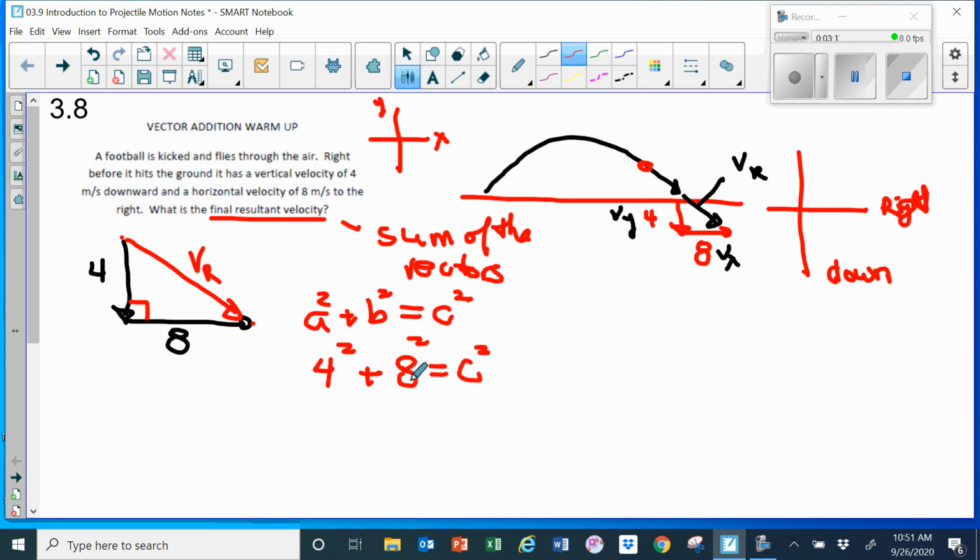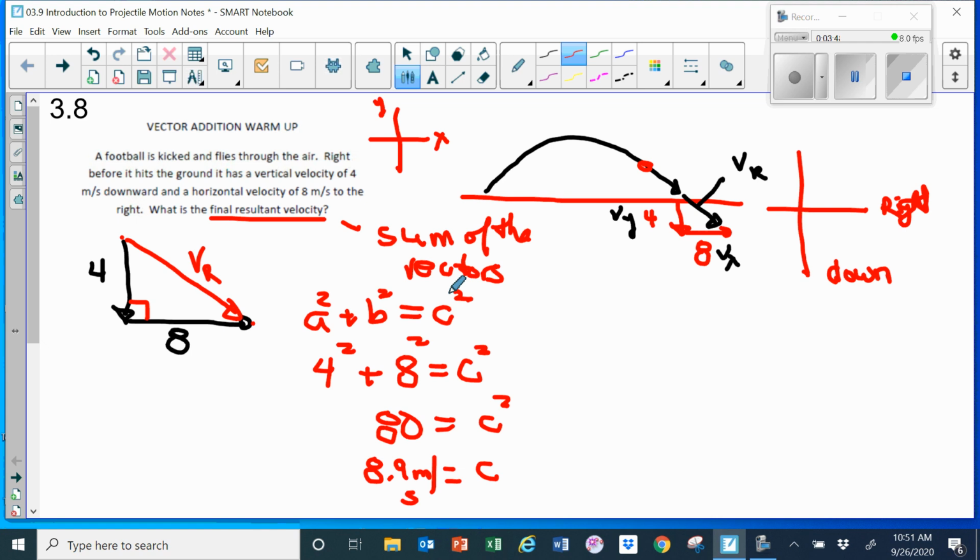If I do this math, I get 80 equals c squared. If I take the square root of 80 to get c, remember the answer is not 80, it's c, not c squared. The magnitude of the resultant velocity is 8.9 meters per second. That's the magnitude, and the direction would be down and to the right.